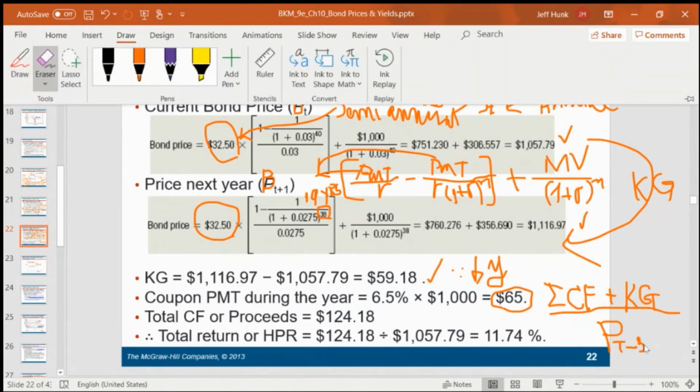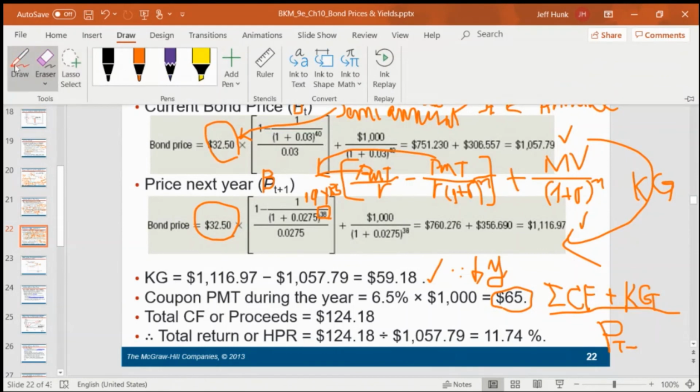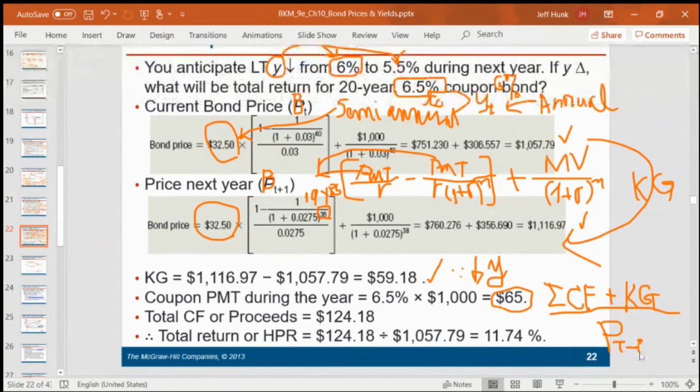The initial investment was the price at time t, which is 1,075.